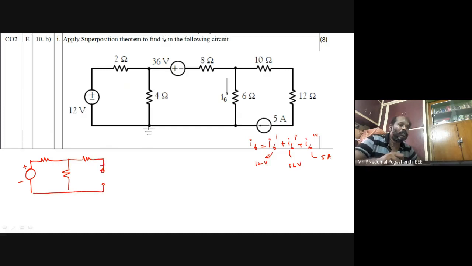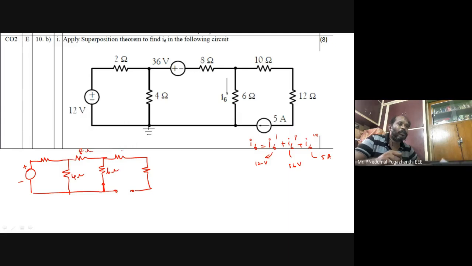Okay, I will correct it. So 4, this is 8.